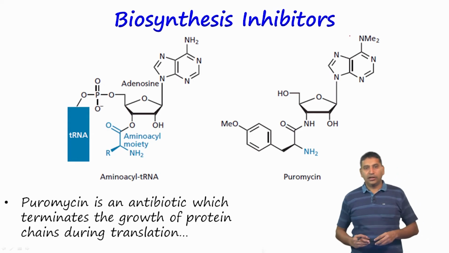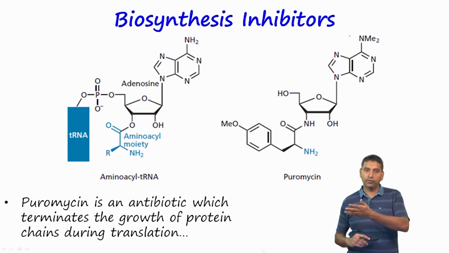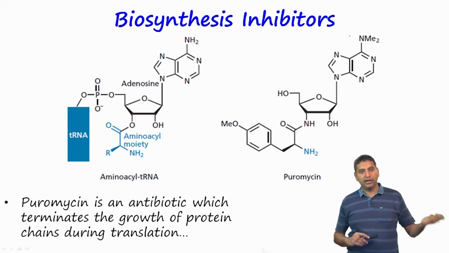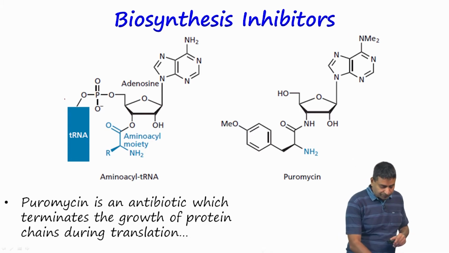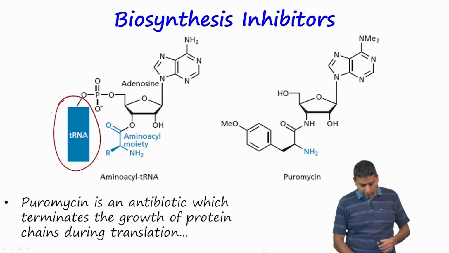Now, the other way in which one can design new drugs or look at drug targets is to inhibit biosynthesis. We have already looked in detail at the biosynthesis of proteins. Proteins are synthesized using the machinery of RNA, and RNA has this aminoacyl tRNA, which is shown here, bound to the amino acid.